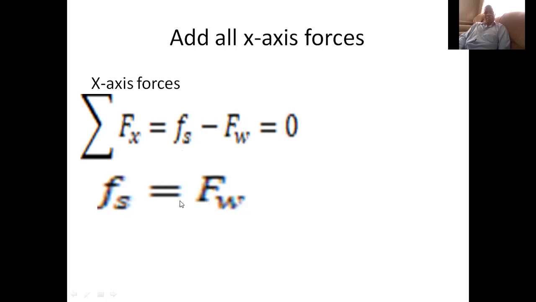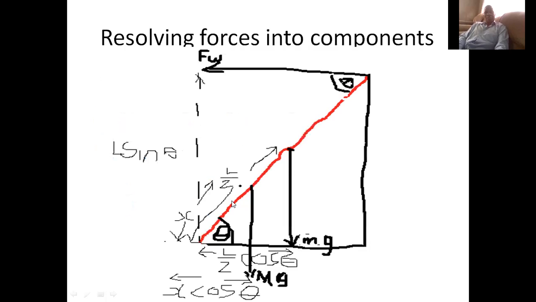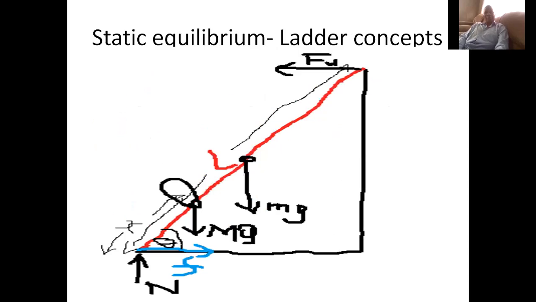So Fs is equal to Fw. What we are saying is, if this ladder is not moving, this frictional force should be equal to this force here, which is also horizontal, Fw.